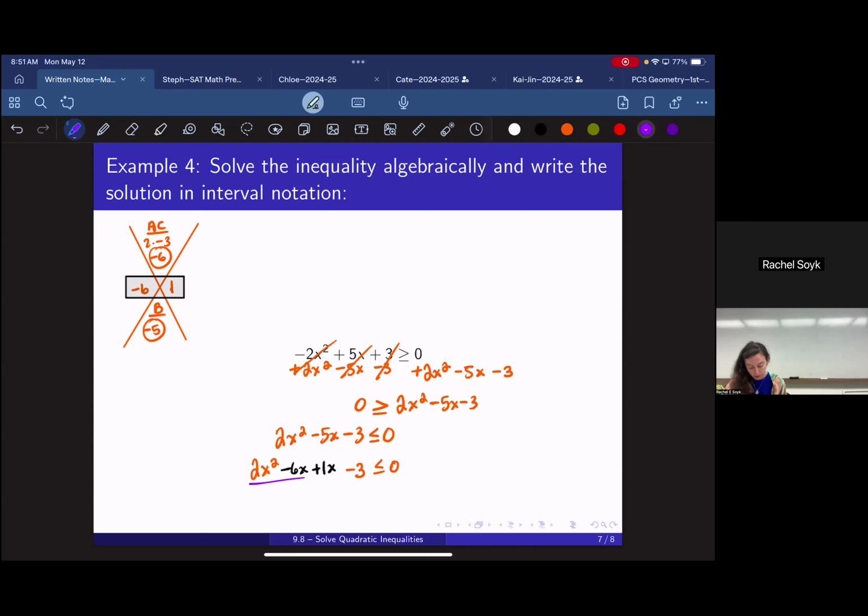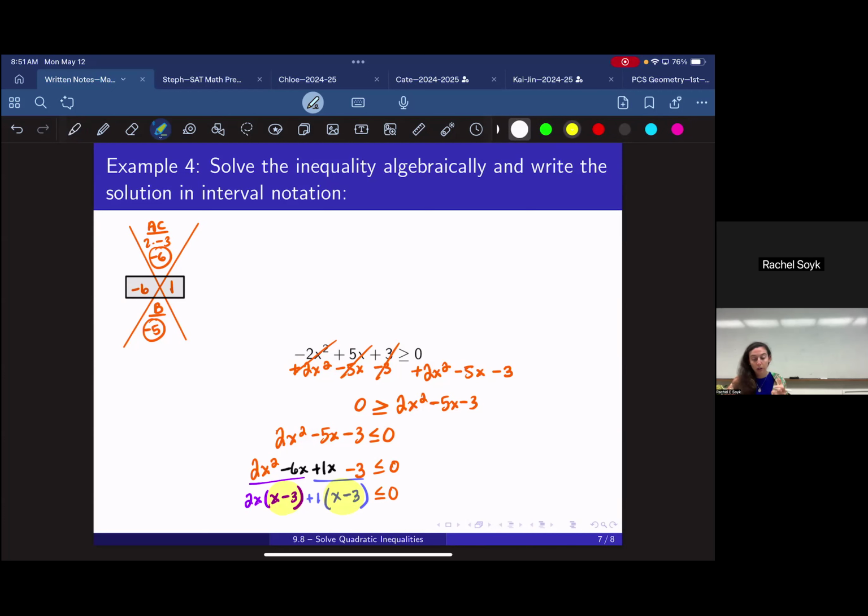Those first two terms, we can pull out a 2x so that we're left with x minus 3. And then from those last two terms, we can pull out a 1 so that we're left with x minus 3. If we did it correctly, what we have inside the parentheses should be exactly the same. And we're in luck because it is.